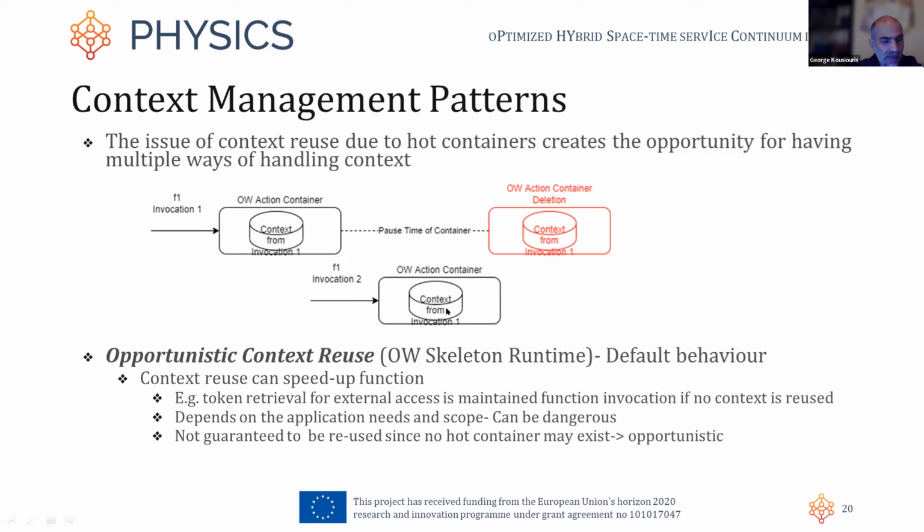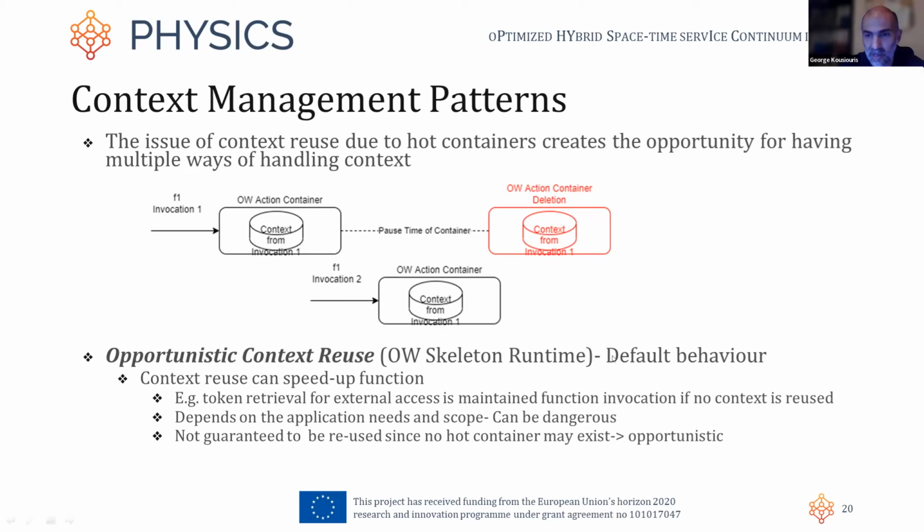So in general, this approach of FaaS can be hazardous from a security or functional point of view, but it can also be beneficial from a performance point of view. So in terms of context management, we have formulated it under 3 different patterns.